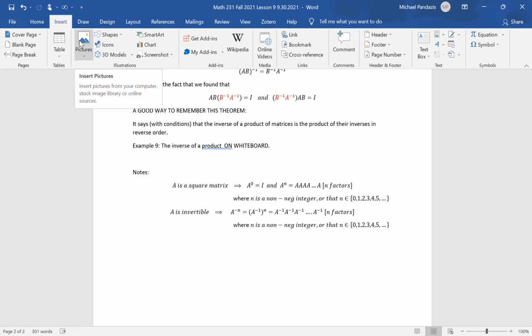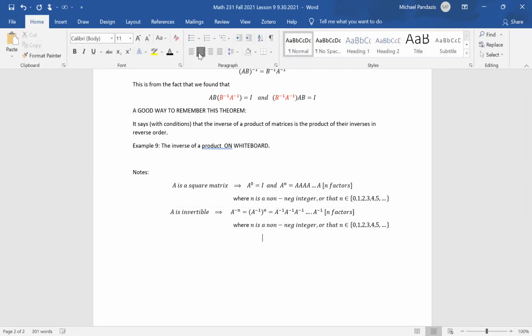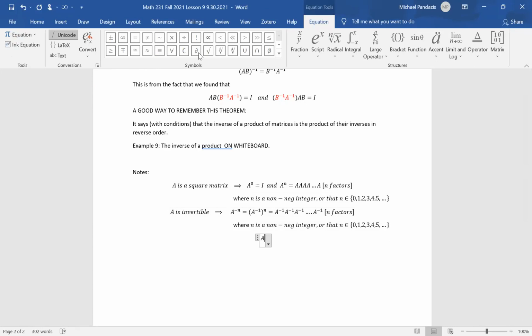You need the fact that the matrix is invertible in order to think of its inverse. And once it's invertible, you can think of a matrix raised to negative powers, and that's just multiplying the inverse of the matrix n times. Another note is that if you take a matrix A raised to the rth power and multiply it by A raised to the s power, it's equal to A raised to the r plus s power.